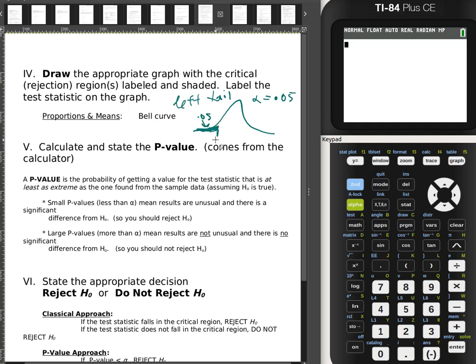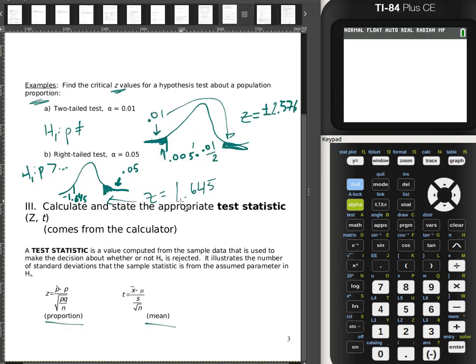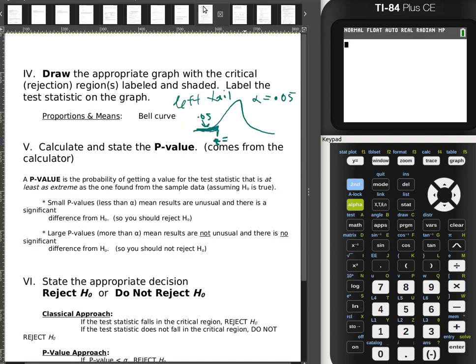If we're talking about proportions, z should have been, can you remember what it is? I can hardly remember. It should be this one, negative 1.645, with some rounding. And this is going to be considered the critical region.